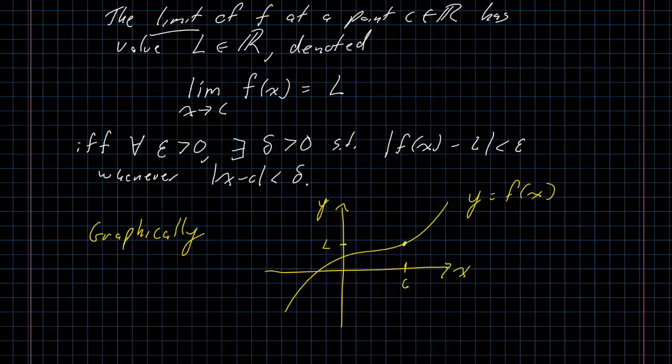But what this is actually telling us is that I want to pick some range around L. So the distance above and below L that I'm looking at here is a distance of epsilon. And I'm going to draw in some horizontal lines.